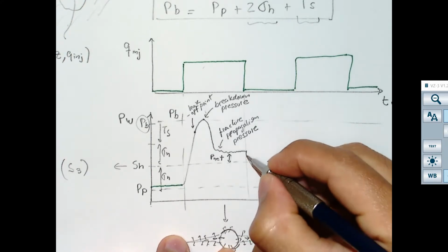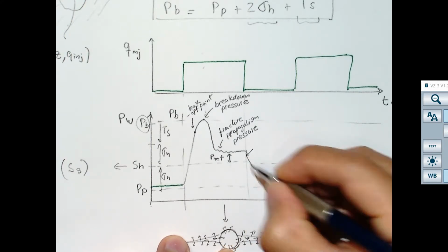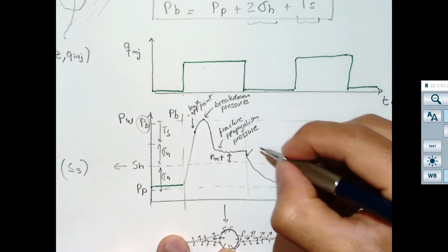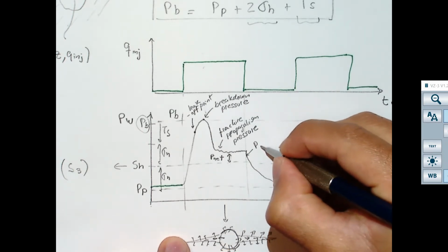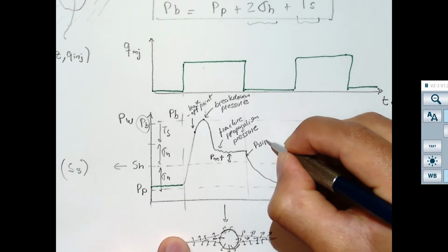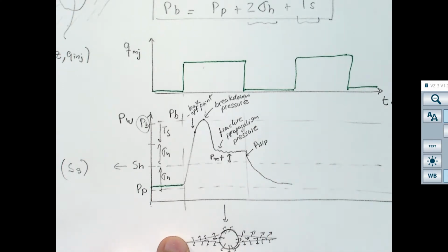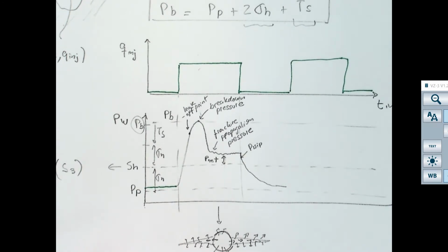The first one is right after you shut in the pumps, there is going to be a pressure which is called the instantaneous shut-in pressure. The instantaneous shut-in pressure is the highest pressure right after you shut in the pumps, that starts to show a gradual decay of pressure.